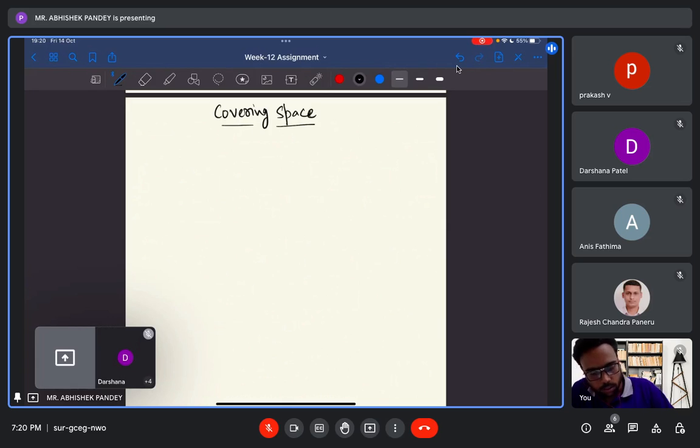Okay, so I will define the covering space in general. So the definition is like this. If omega is a topological space, I will denote topological space as TS.